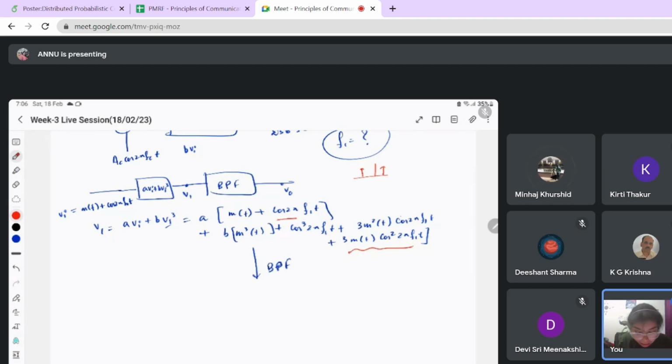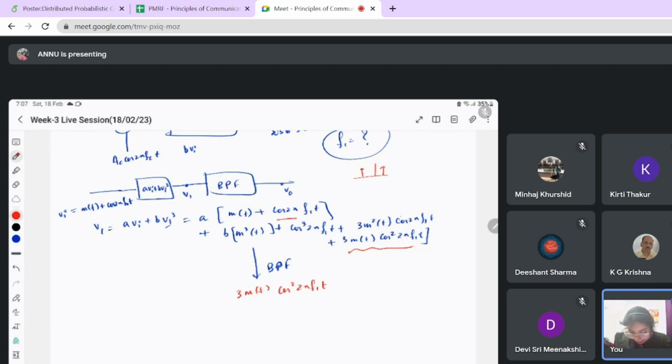Okay. Madam, I have one more doubt here. This cos squared 2 pi f1t term is having two frequencies, right? One frequency will be around baseband. Yes, we will further simplify it. So, from these terms, as Kirti Thakur said, only this one passes: 3m(t) cos squared 2 pi f1t.